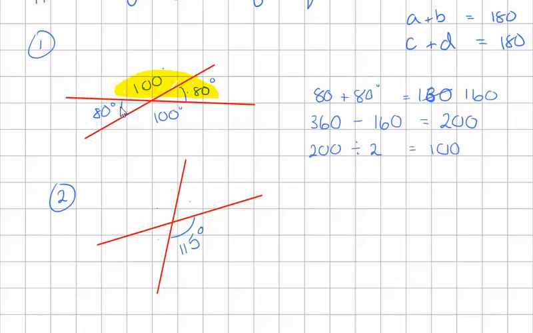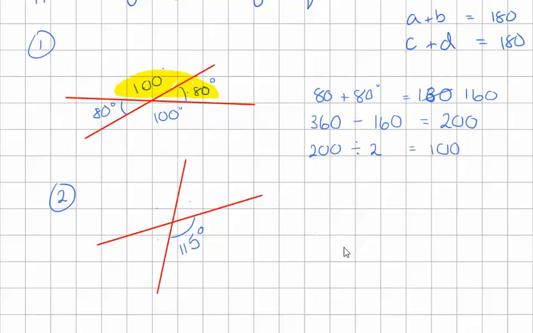So I could have just done, if that's 80, that's 80, therefore that and that must make 180, so it must be 100. Just slightly easier. But you've got the right answer, so it doesn't matter.